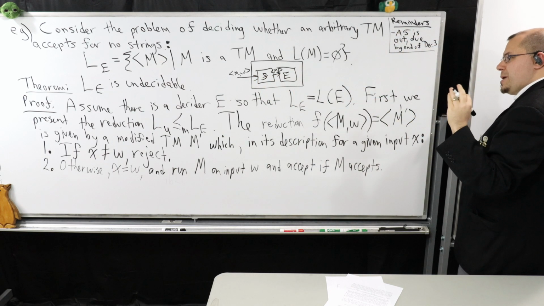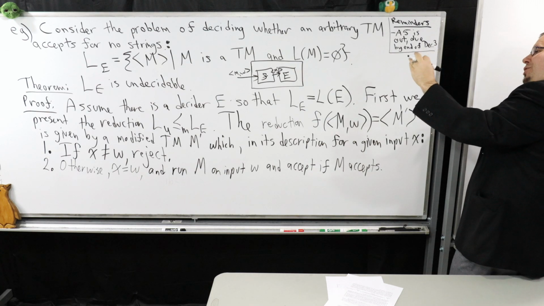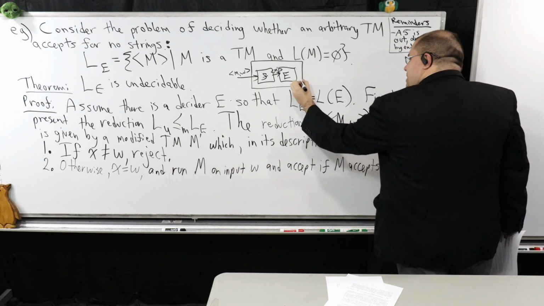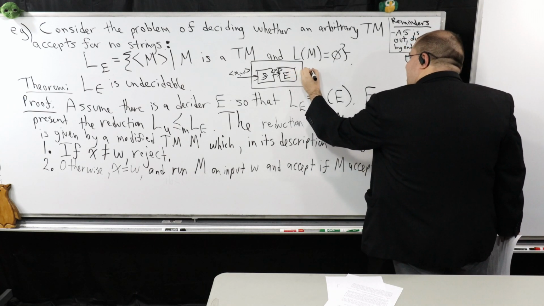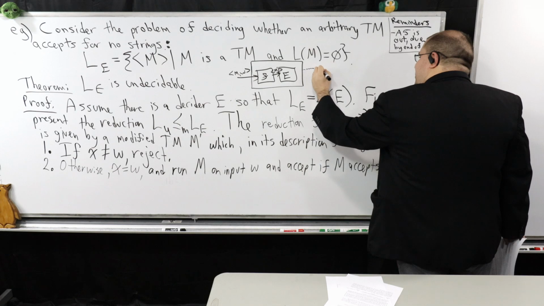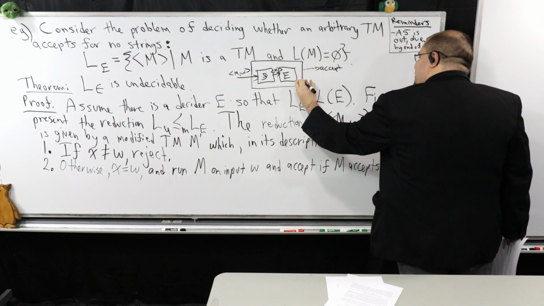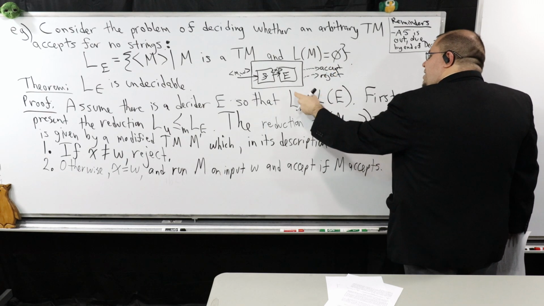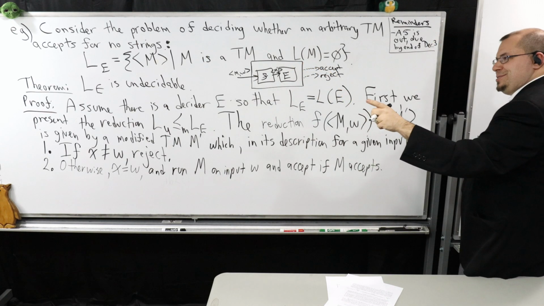So we have to remember, when I cook up M prime, what I would like E to do. Remember, E's job is, at the end of the day, something comes out of here. It's either going to be accept or reject. Now, I can do all sorts of stuff inside this box. Just remember that.